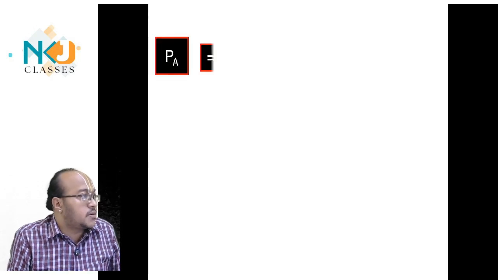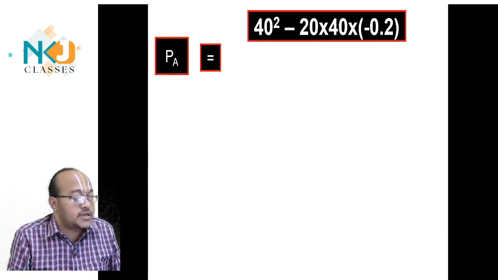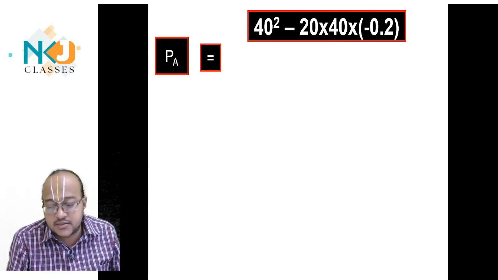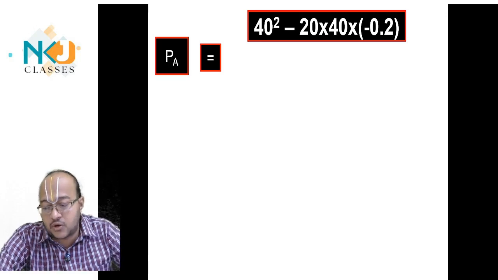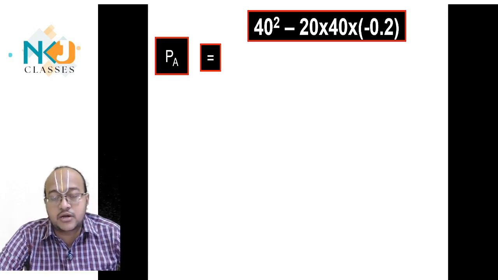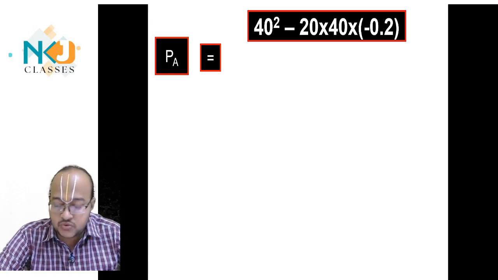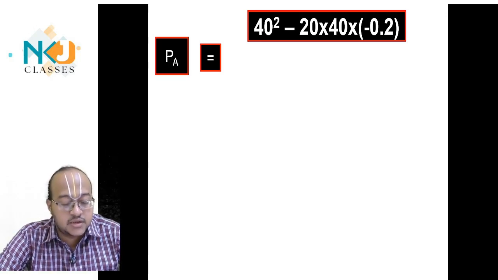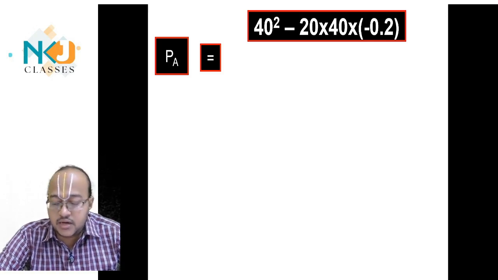Shall we substitute the formula and find out? See here, proportion of A is equal to 40 square. Sigma B is the risk of security B, 40. 40 square, minus 20 into 40 into minus 0.2. What is 20? Sigma A. What is 40?